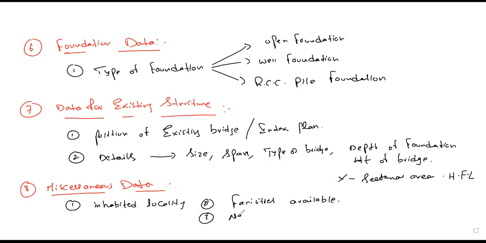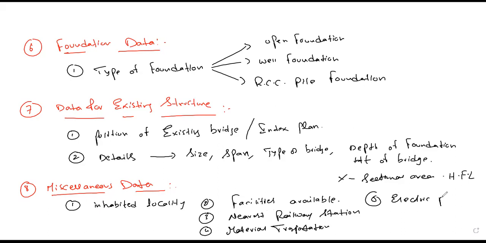And what is the nearest railway station? Is there a nearest railway station or not? That also you have to check. And what is the nearest means of transport for materials? Is there availability of material transportation? Like this, availability of electrical power. And next, availability of stones or quarries.